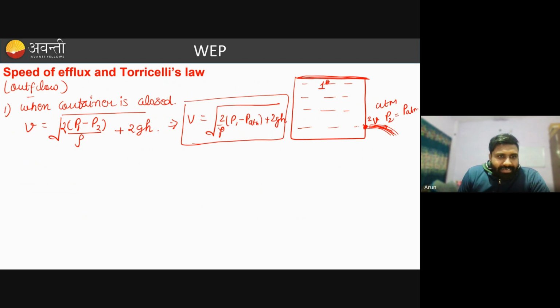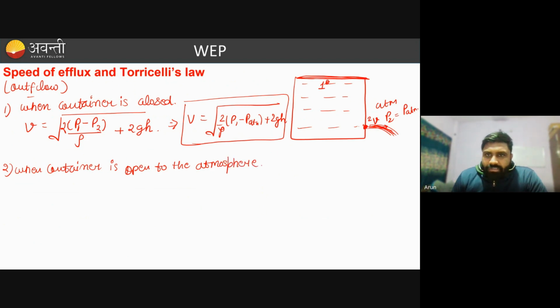Now, second case, when the container is open to the atmosphere. If it is open to the atmosphere, this point P1 also becomes an open point.